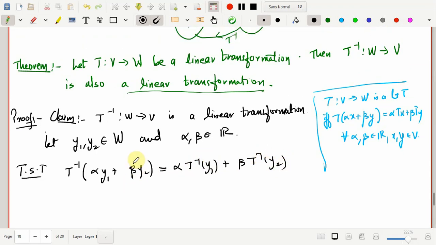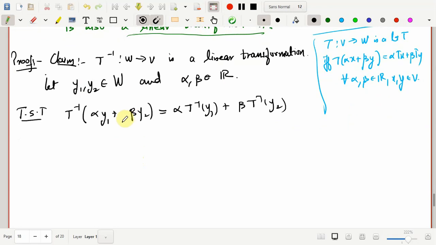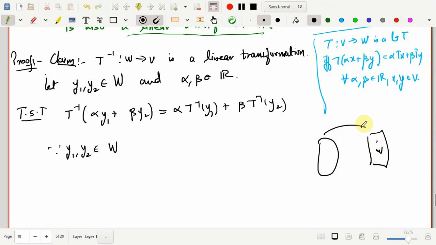So let's go back to what we have started with. We have started with y1, y2 in W. So see, whatever the data with which you are starting, that should give you the hint for the next step. So since y1, y2 belongs to W, this is somewhere in this W, and T is a mapping from V to W. T inverse would be mapping from W to V. So you have y1 and you have y2.